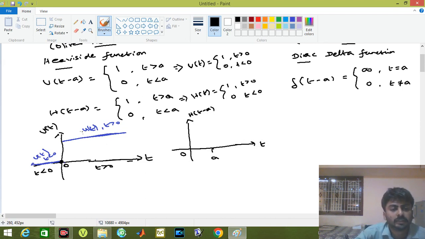Okay, this is u of t, t greater than 0. Okay, this is also u of t, t less than 0. Okay, now for this I have told you, if I take h of t minus a means there is a shift for a. So if it is greater than a, you will have your values.